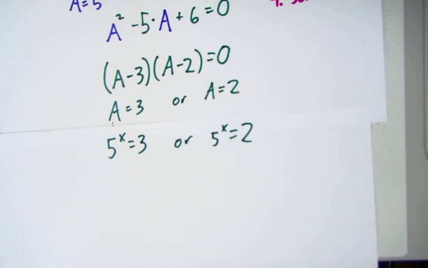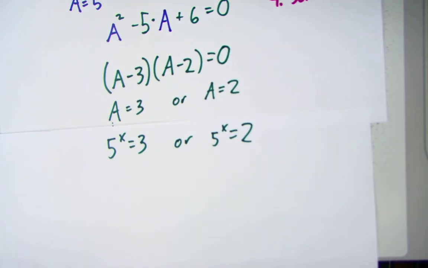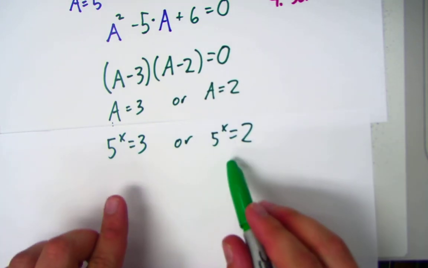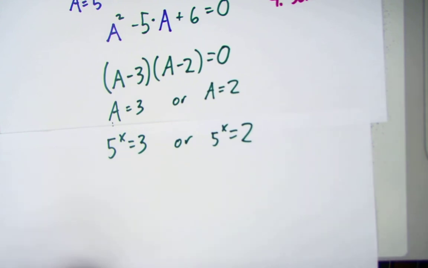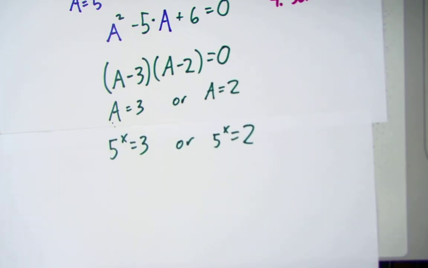These are equations of the second type, but really, I don't even need to think about them. I could just look at these and say I need to rewrite them in log form instead of exponent form. However it takes, you need to get from here to x equals. The thing I'm going to do is log base 5 of both sides.